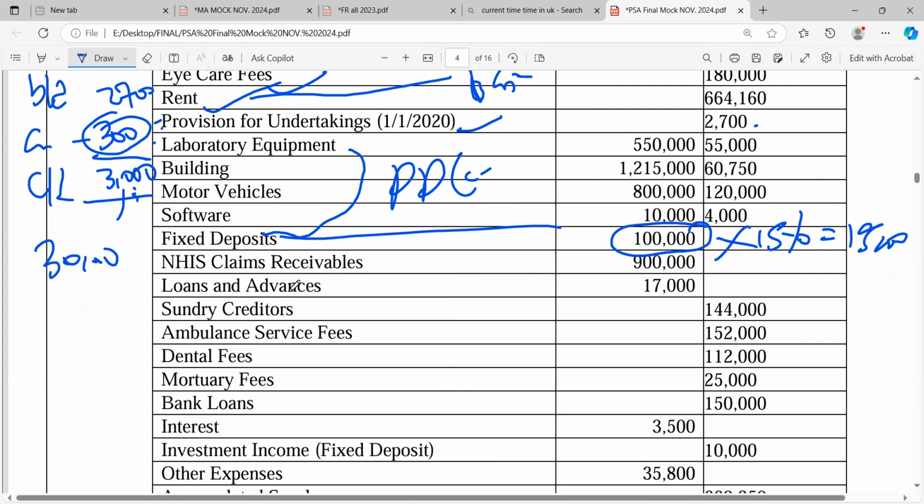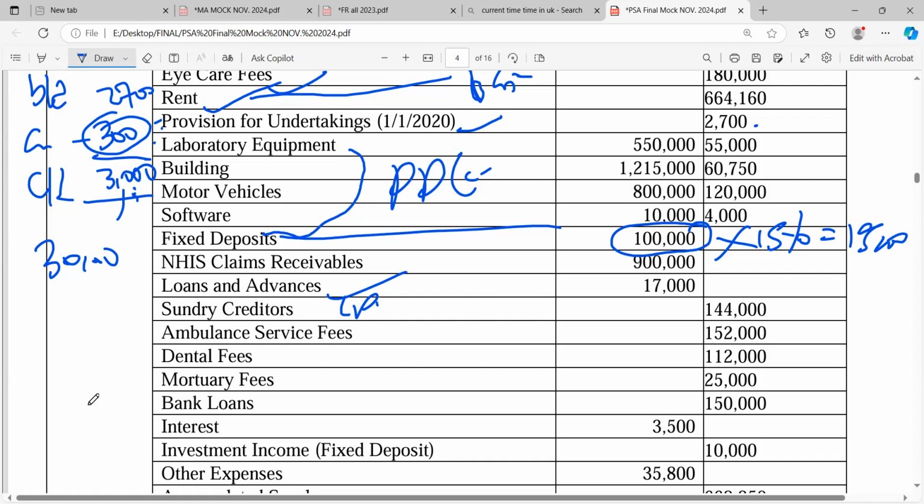So you add all the receivables together. You don't need to show this receivable. Loans and advances, current assets. Sundry creditors, payable. Add it.